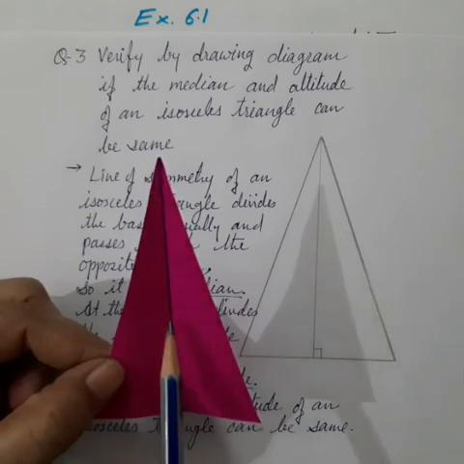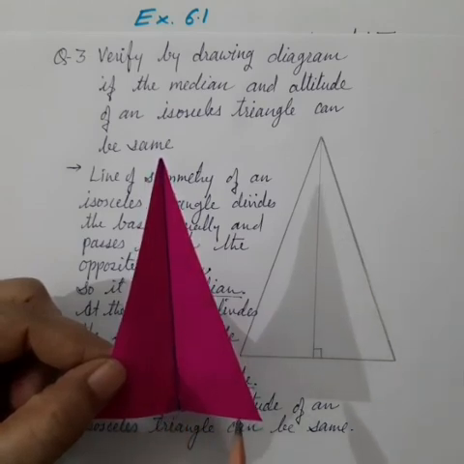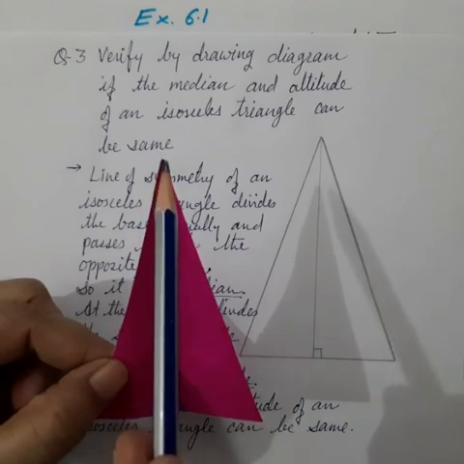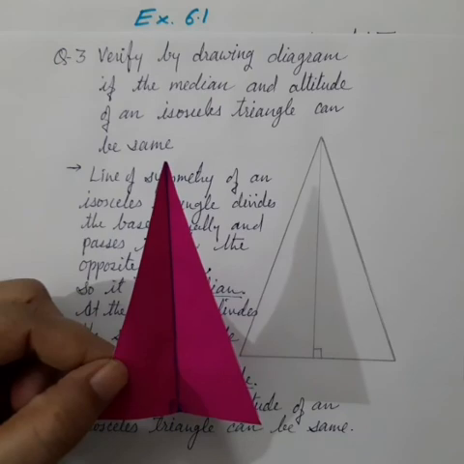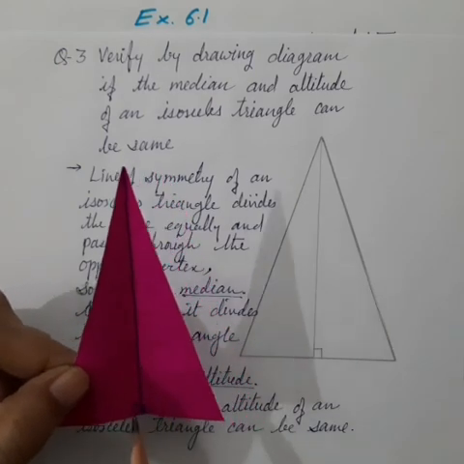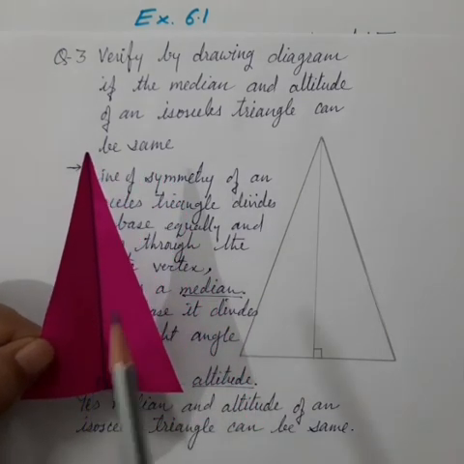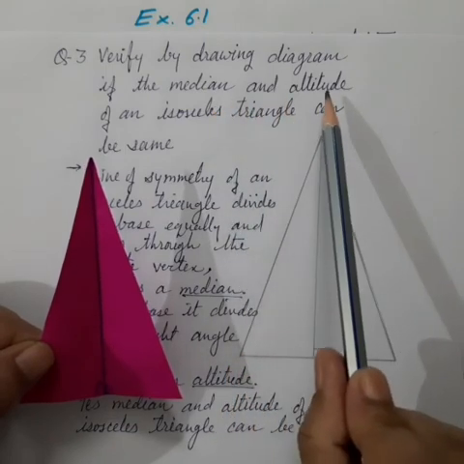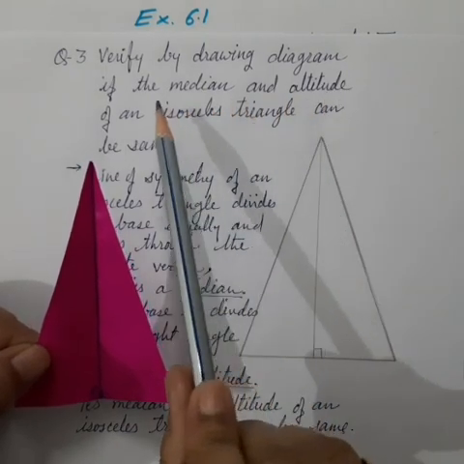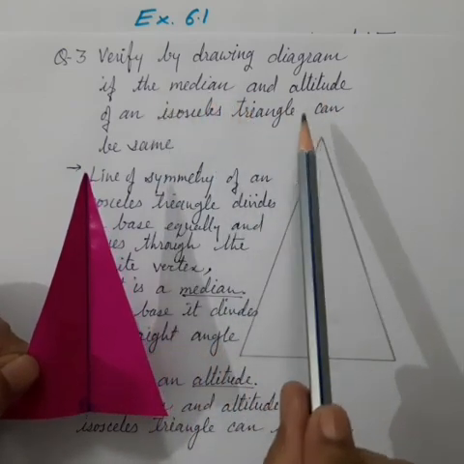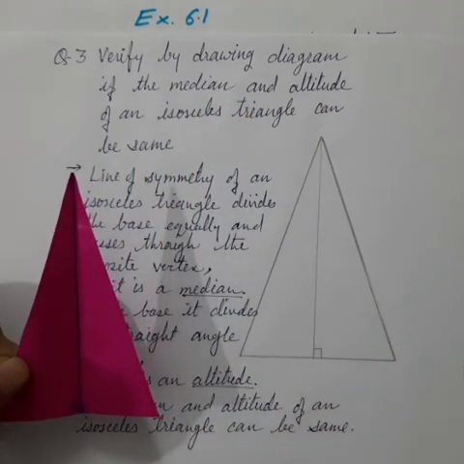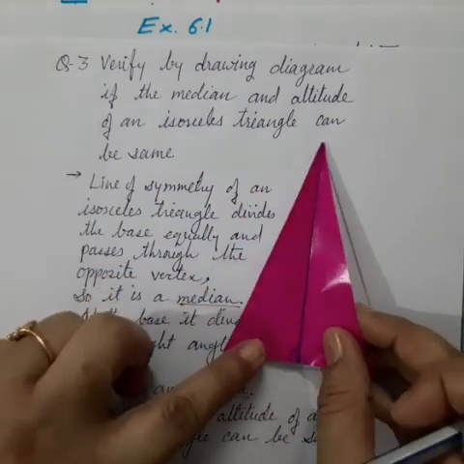Now see, this line segment is perpendicular to the base and passing through the vertex, means this is the altitude also. So it is verified that this line segment is median also and altitude also. So in an isosceles triangle, the median and altitude can be the same. Paste this cutout here.